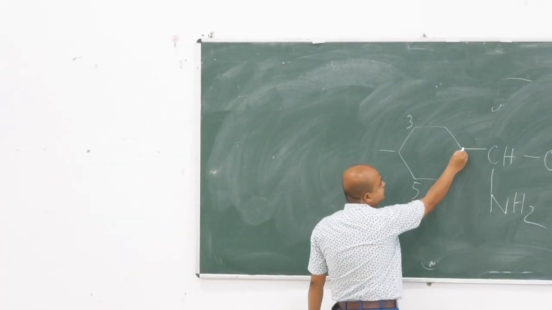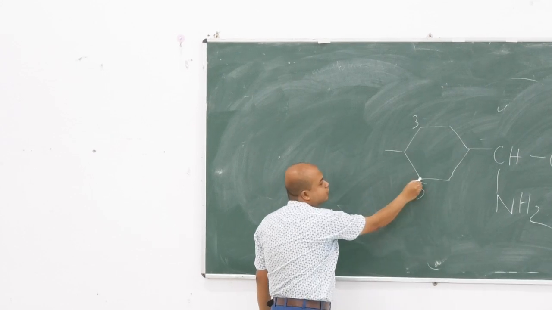See in the aromatic molecule, this is the first position, second, third, fourth carbon, fifth carbon, sixth carbon.